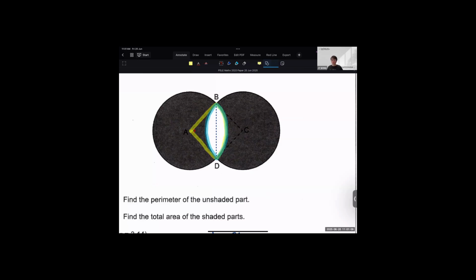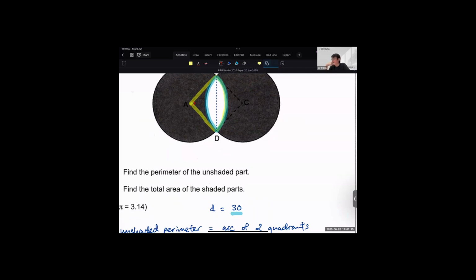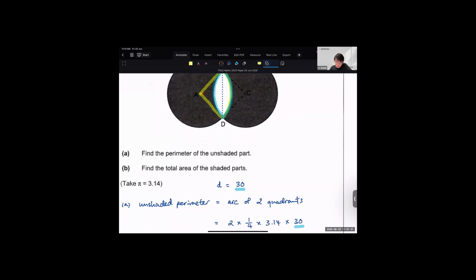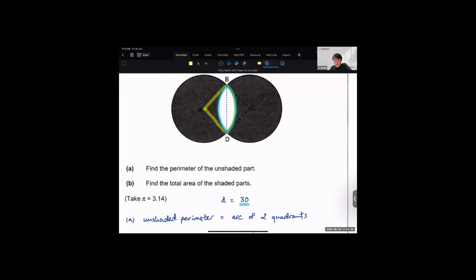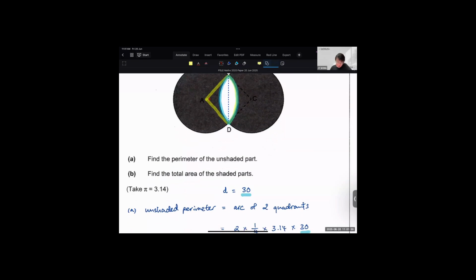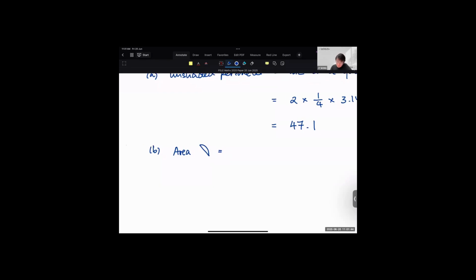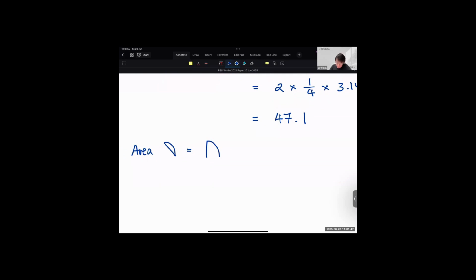Remember, how do we always find the area of a half leaf? It's always a quarter circle minus a right triangle, right? So this area is always this minus this, isn't it?